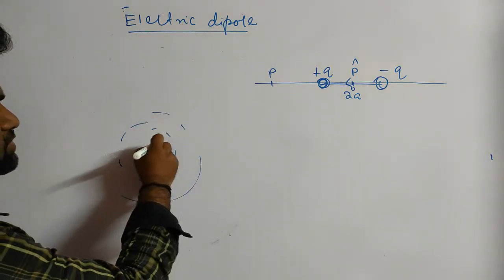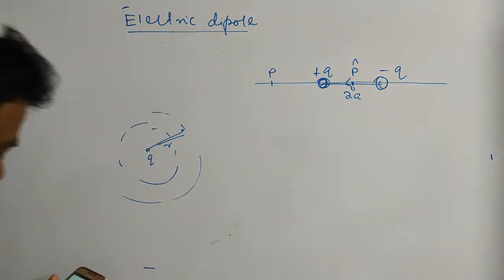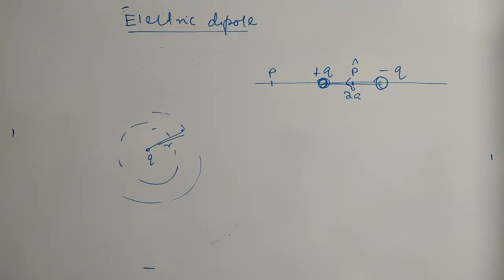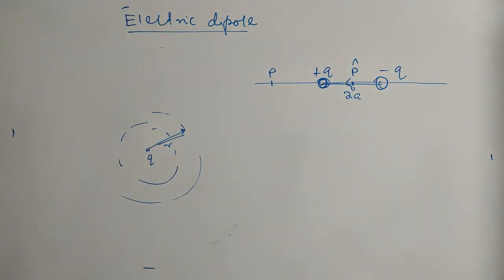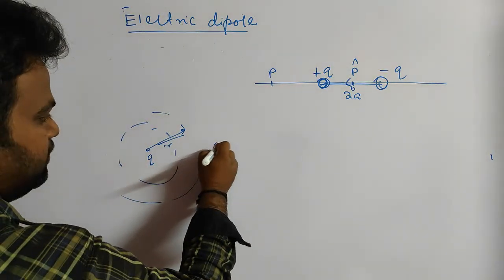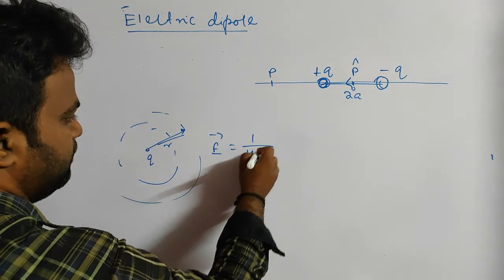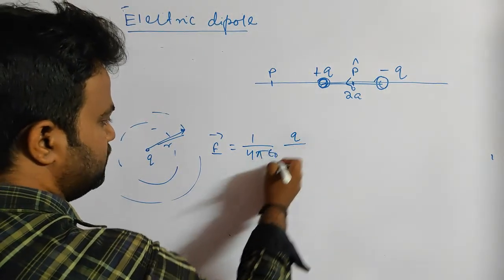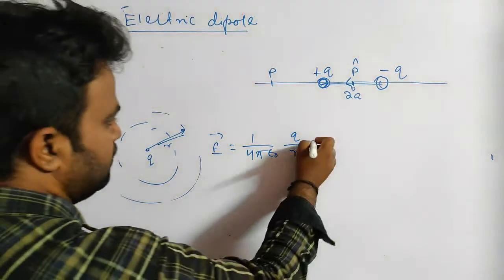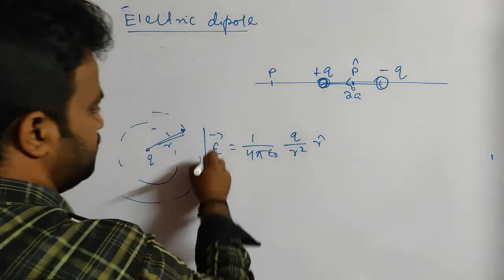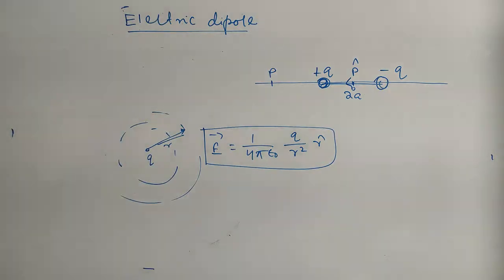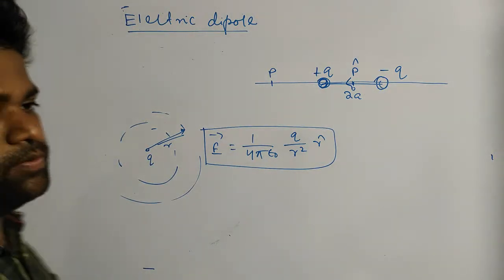At a distance r from the charge, the electric field vector E is equal to 1 upon 4 pi epsilon naught q upon r square r cap. R cap is the direction of the field.